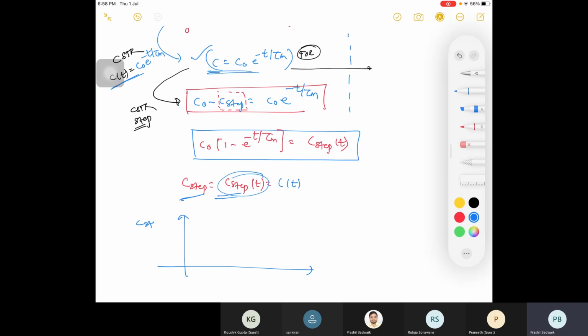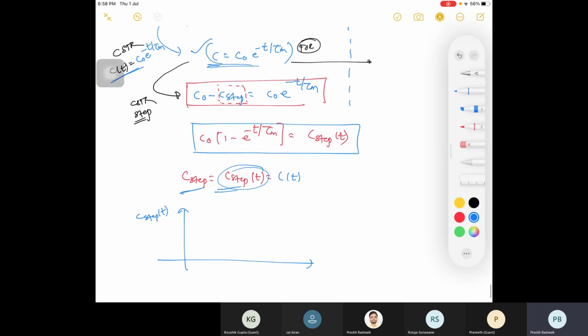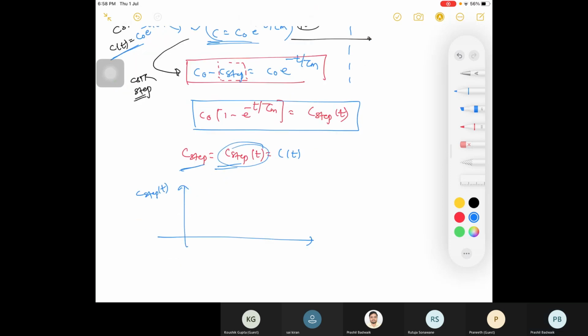C step t. What is your C curve? Maximum value will be C naught, that is your C max, and it will be increasing from down, exponentially. Why?